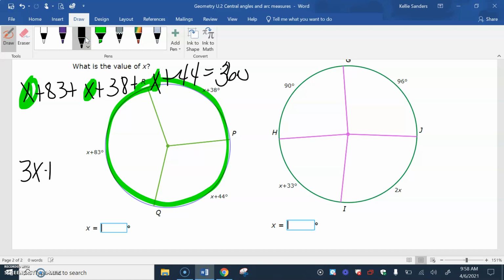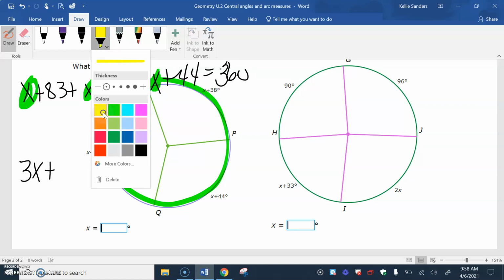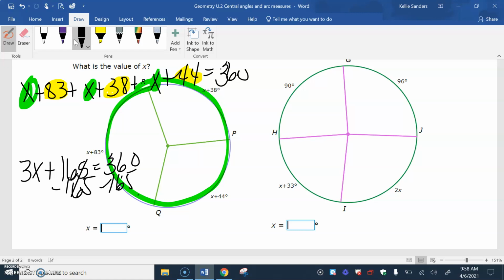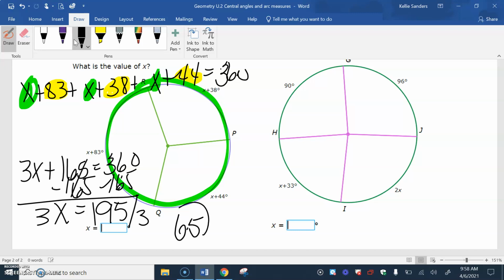So 3x plus 83 plus 38 plus 44 is 165. Subtract the 165. Divide by 3. 65.